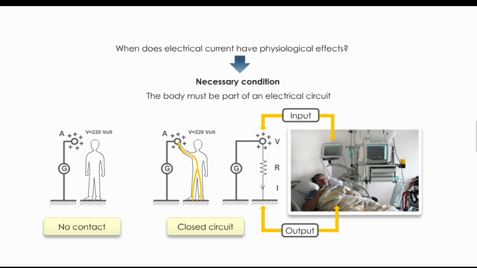Once that happens, this forms a closed circuit, which can, of course, create an electrical shock. And how does this relate to our jobs as biomedical engineers in the workplace? If you see this picture of a patient lying on a hospital bed, and there's poor grounding on that bed, and the patient is attached to either an ECG or an active part of a patient monitoring system, this could create an electrical pathway and cause an electrical shock.